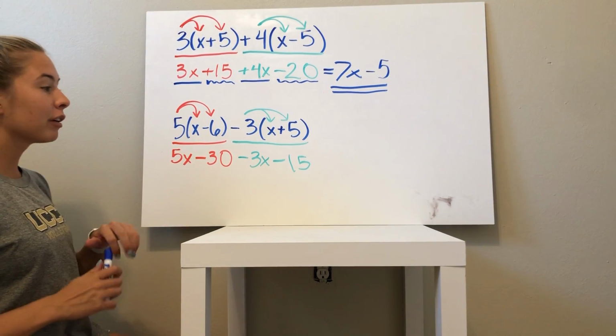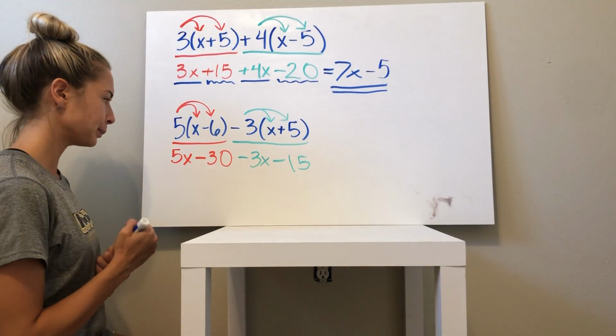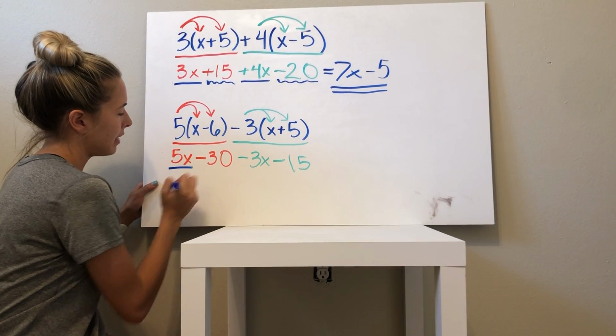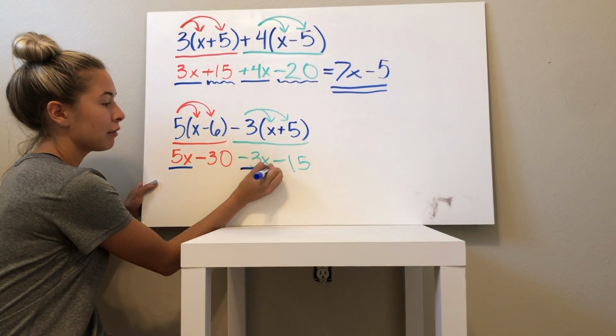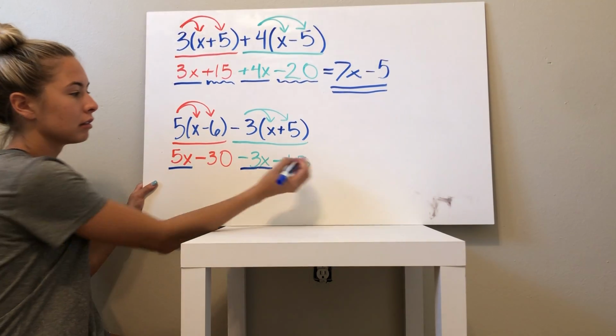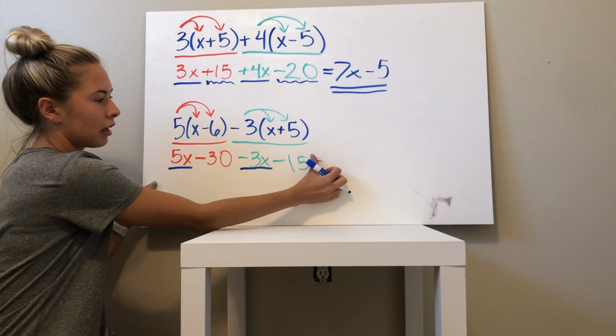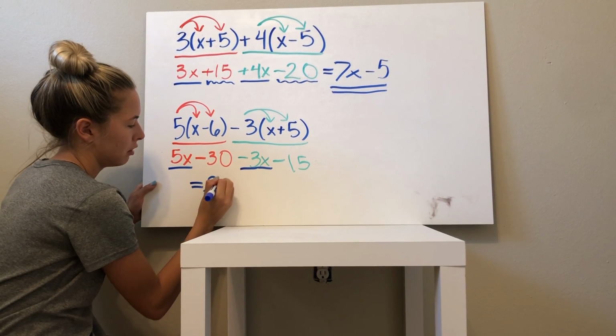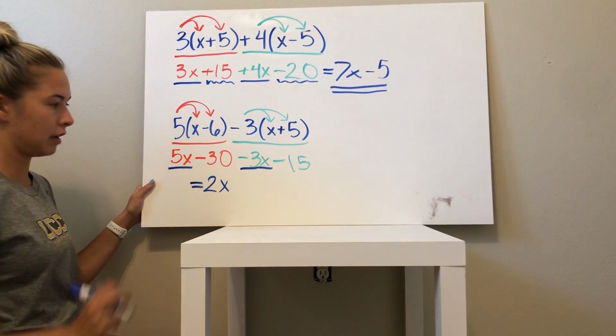So just like up here, we need to combine like terms. So from here we have a 5x term and a negative 3x term. So 5x minus 3x gives us, actually I'm going to bring it down here, gives us 2x, right?